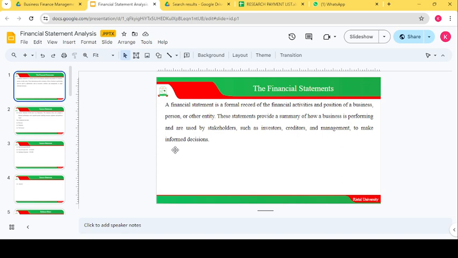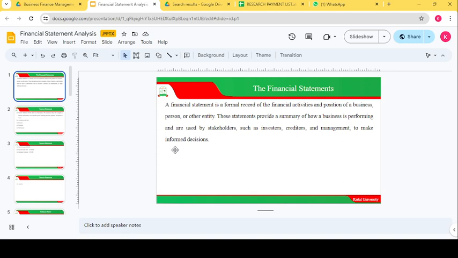These stakeholders can be the investors, the creditors, and also the management, which will help them to make informed decisions. The financial statements involve three: we have the income statement, we have the balance sheet, and then we also have the statement of cash flow.